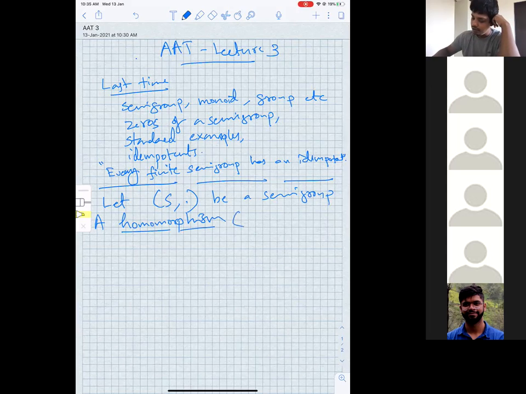Sometimes we'll call it just morphism, most often we call it just morphism, from S dot to T plus.